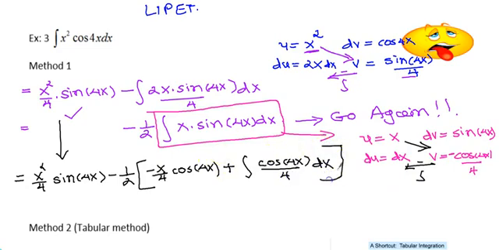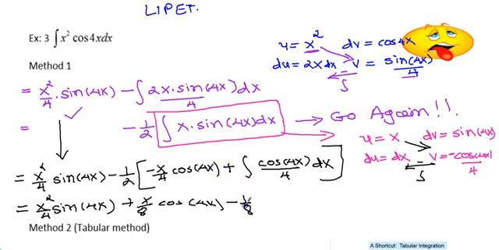And so third step is copy this as it is, x square over 4 sine 4x. The 2 negatives make it positive, x over 8 cosine 4x. Distribute the negative sign.